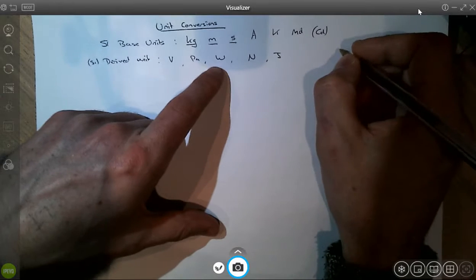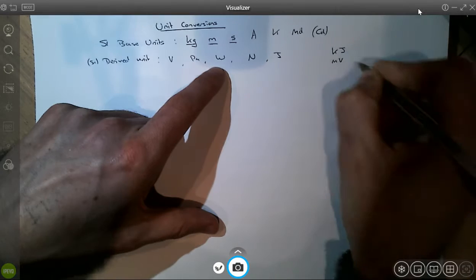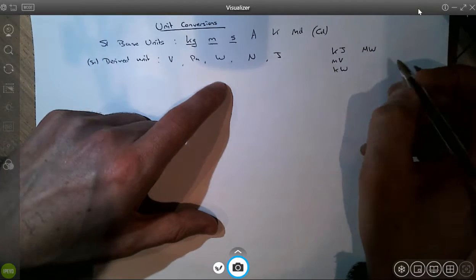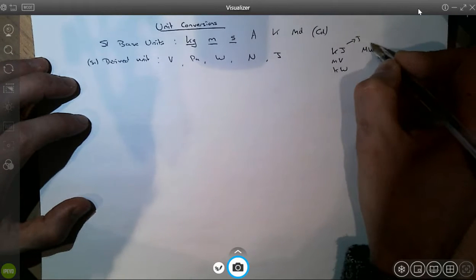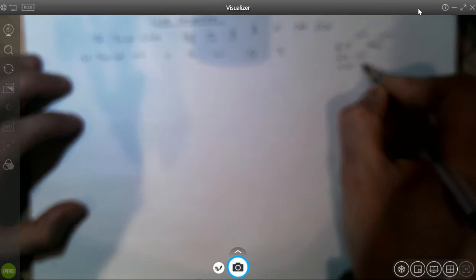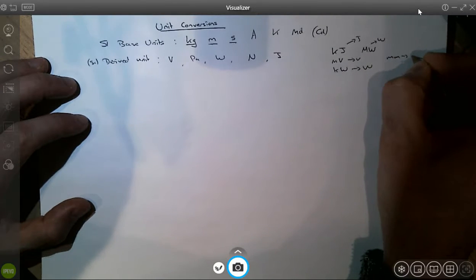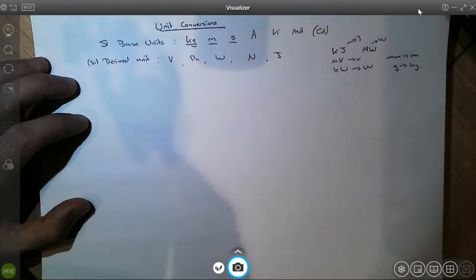So we need to train students to, if they ever see something like kilojoules or millivolts or kilowatts or megawatts, always convert these into joules, volts, and watts, for example. If they had millimeters, we need to convert them into meters. If we have grams, we need to convert them into kilograms.